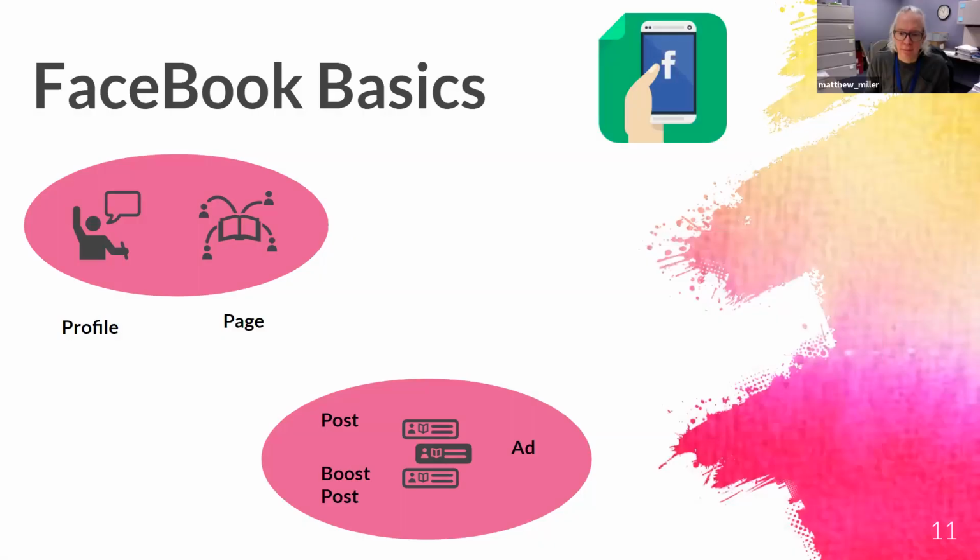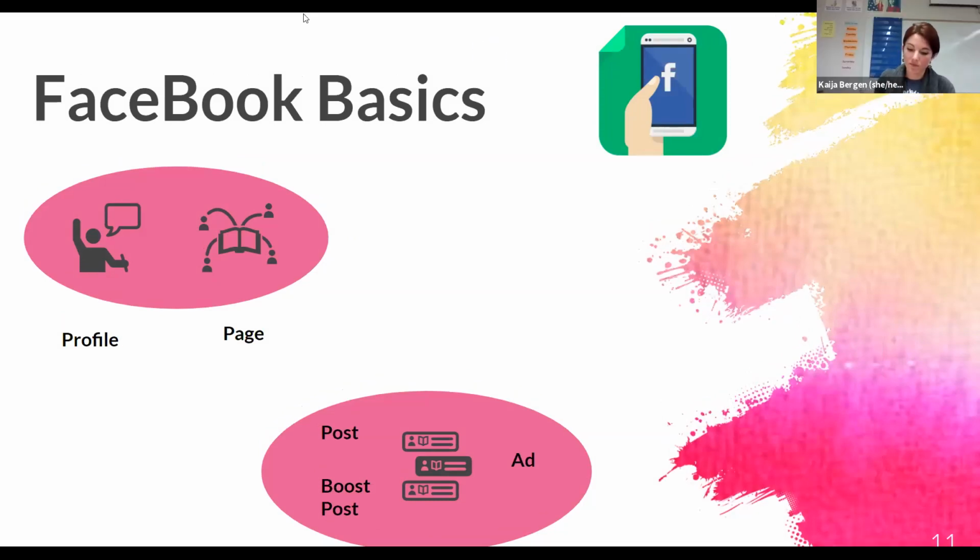All right, thanks, Kaija. Good. So the first thing I wanted to talk about is the difference between a profile and a page. If you think about a profile as just you, one person, a page is your organization or a group of people. In order to advertise or to boost, you need to have a page that is set up with an account somehow or another to pay for ads.